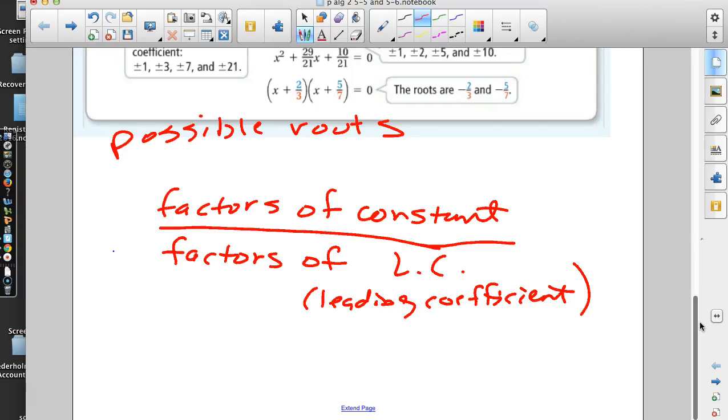Factors of the number that's in the back when it's in standard form over any factors of the number that's in front when it's in standard form. That gives us a list to try.